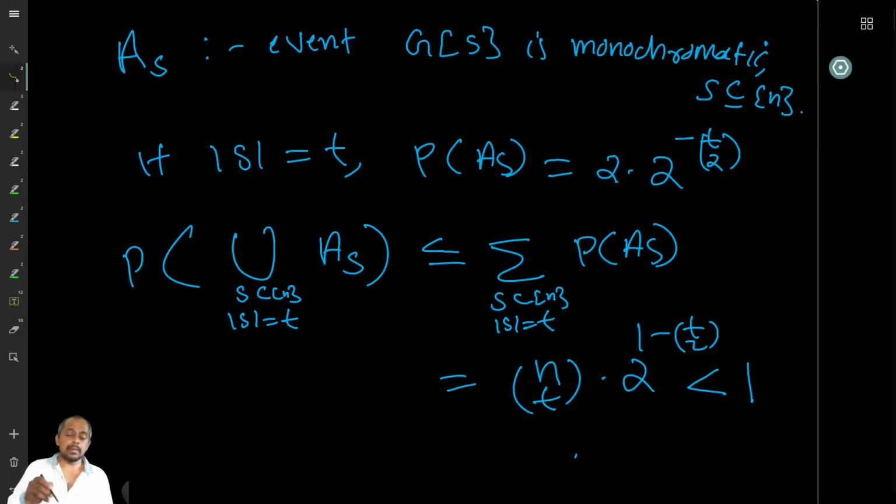Now, what is the probability of A_S? If S has exactly t elements, then either all the edges are red, which can happen if the first edge of the complete graph was colored red, which has probability 1 over 2.